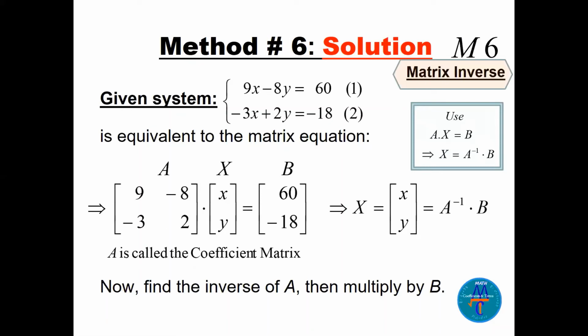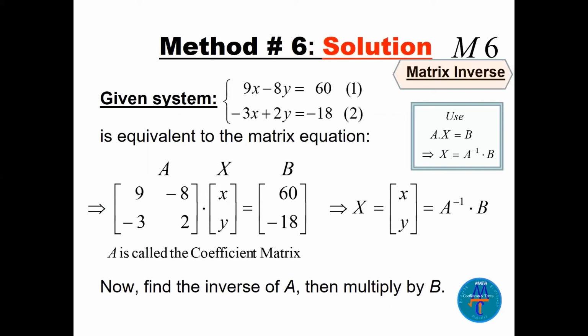See, I don't write the augmented matrix. Remember, in method number 4 and method number 5, we write augmented. Method number 6, we write coefficients. A is called the coefficient matrix. Only the coefficients are used after we rearrange the system. So A, the coefficient matrix, times X is equal to B. B is 60, minus 18.